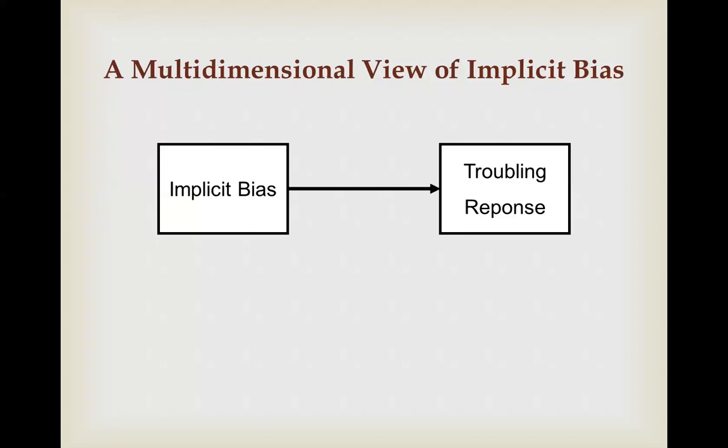Suddenly we take the explanation for that behavior off of the behavioral pathway and we put it on this unconscious phenomenon. And I understand one of the reasons to do it is to make discussion of differential allocation of discipline behavior less threatening to the listener, in terms of thinking as if you're being accused of being racist. And so this gives us a pass, like, oh, it's not my fault.